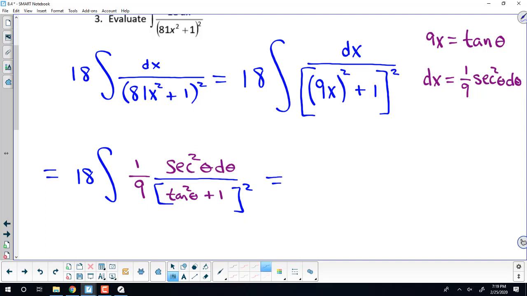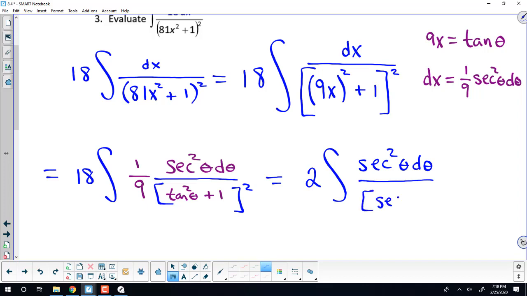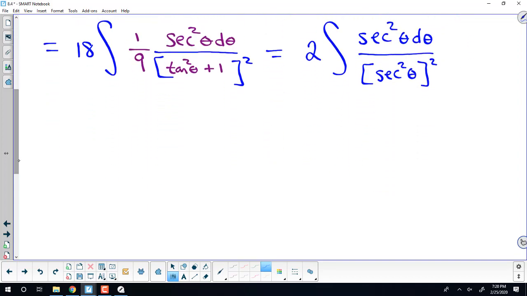The constant is now 2. We have our secant squared theta d theta over tangent squared plus 1, which is secant squared, and that's being squared. So our integrand is secant squared over secant to the 4th, or 1 over secant squared.